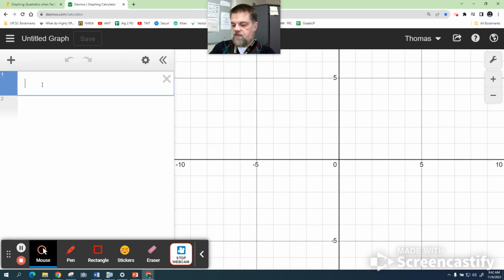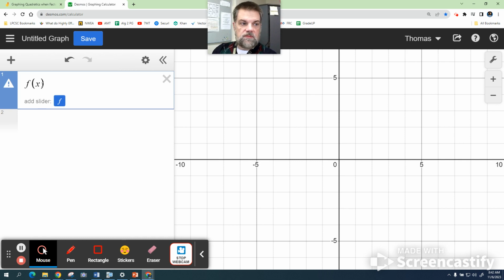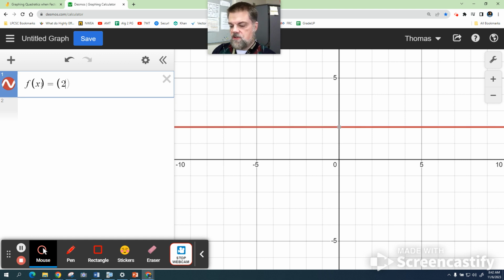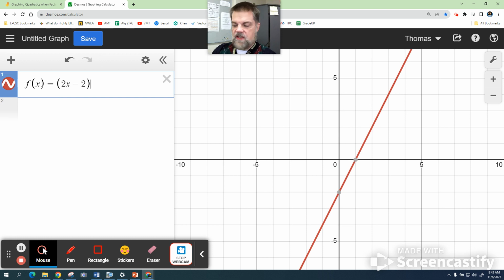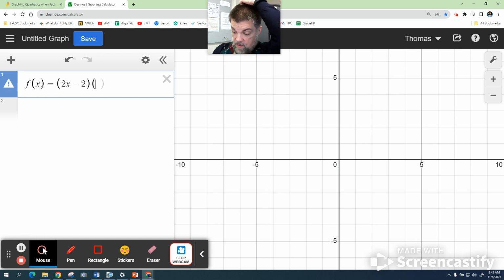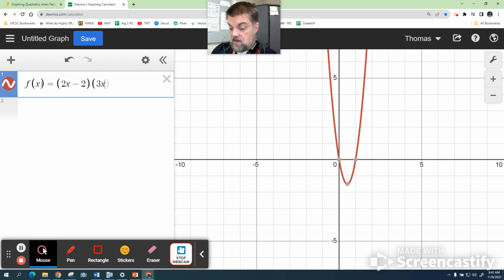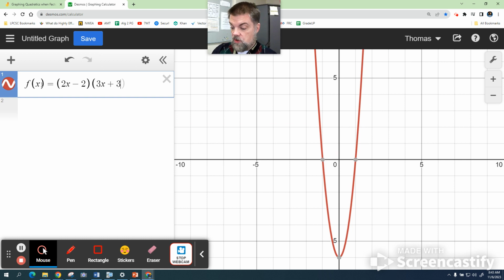And let's put in our function. I'm going to say f of x is equal to, oops, we got to put it in parentheses, right? Is equal to, in parentheses, 2x minus 2, close the parentheses, 3x plus 3, close the parentheses, right?